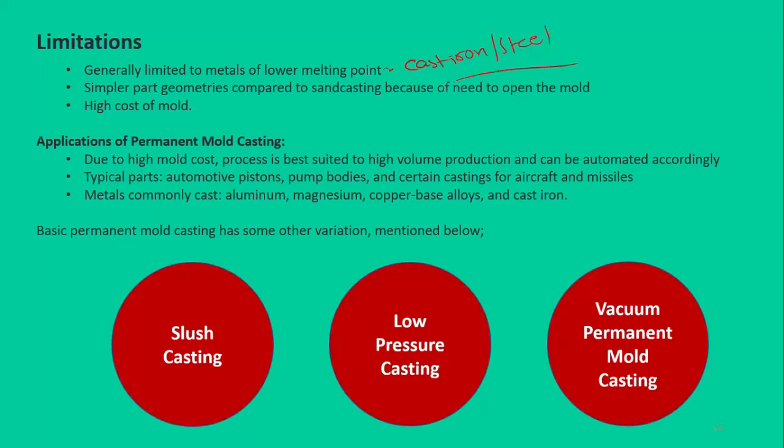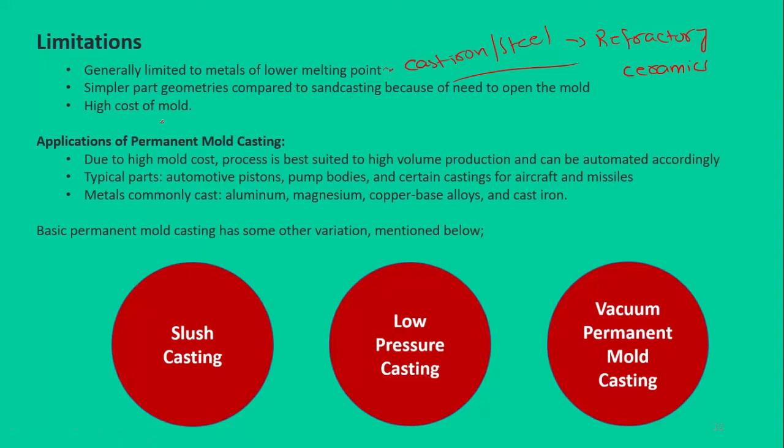But if we need to cast these materials themselves, we need to make the mold of refractory material, or you can say ceramics, right? Simpler part geometries: the geometries that can be cast in the permanent mold casting are somewhat simpler compared to sand casting or the expendable mold casting.